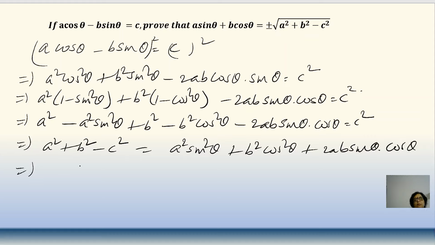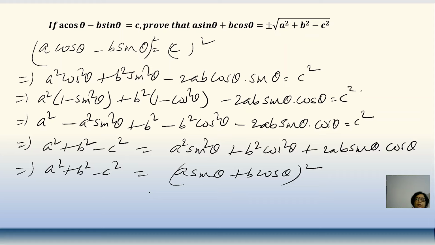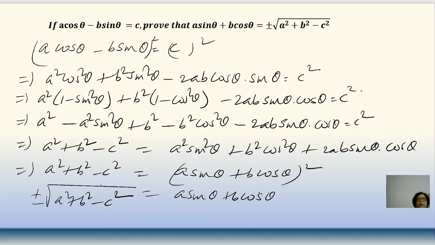So this becomes equal to, bring down this as it is, and this can be compiled as a sine theta plus b cos theta whole square. So this is equal to a sine theta plus b cos theta. The value of this will be, you take the square root of the left hand side, so this is equal to a square plus b square minus c square. So this is what we have to prove over here.